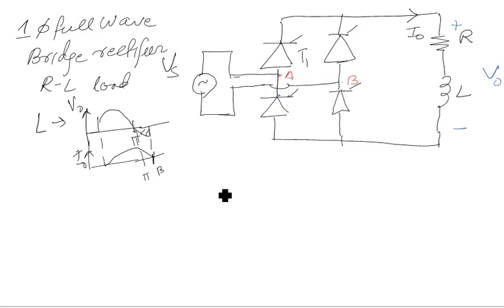So here also we will see the same operation, but the difference is that you can operate it in continuous mode as well as in discontinuous mode. In continuous mode the current never touches the zero value, while in discontinuous mode the current can touch the zero value.